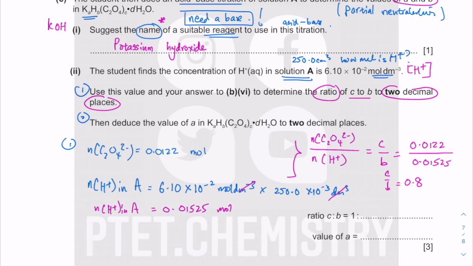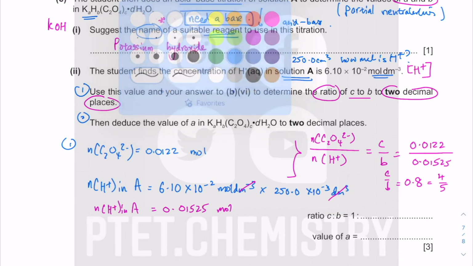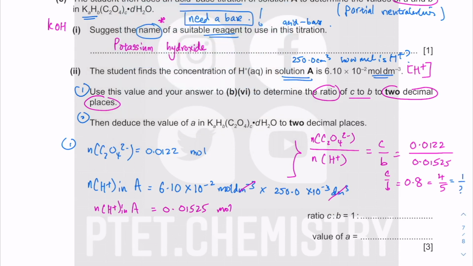What is 0.8? 0.8 is actually 4:5, but they want it with 1 on top. They want C to B as 1 to something. To get 1 on top, I need 4 divided by 4. So that is divided by 4, and that is also divided by 4.